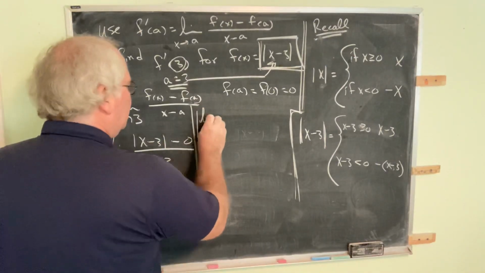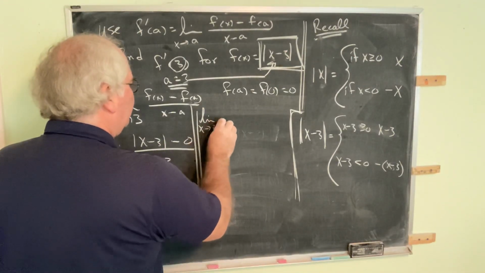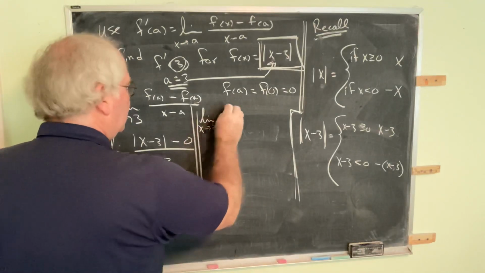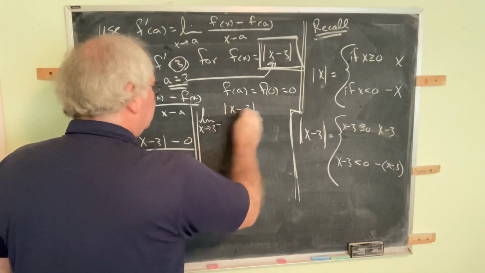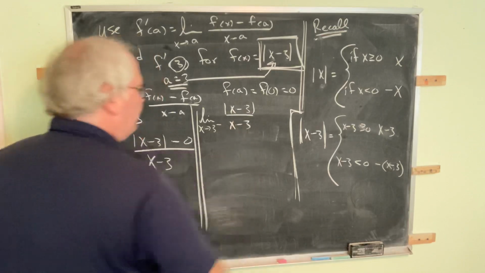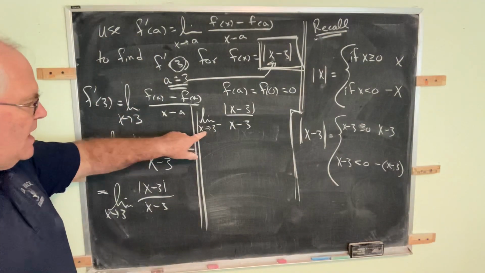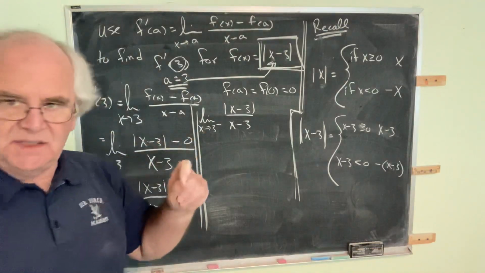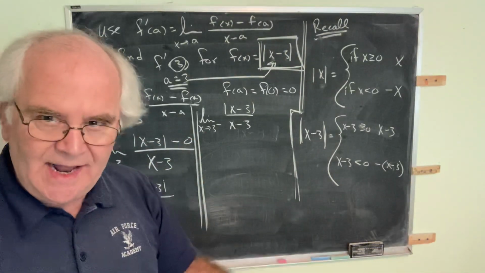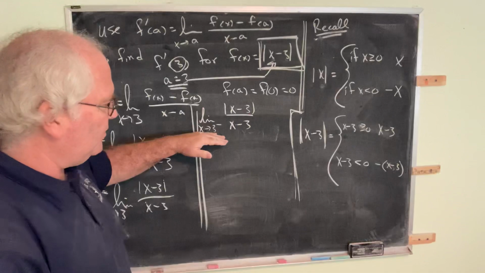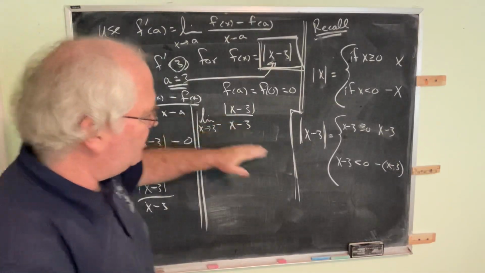You must do the limit as x approaches 3 from the left, and the limit as x approaches 3 from the right. As x approaches 3 from the left, we're talking about x equaling things like 2.9, 2.999. These are numbers less than 3. So how does absolute value work?